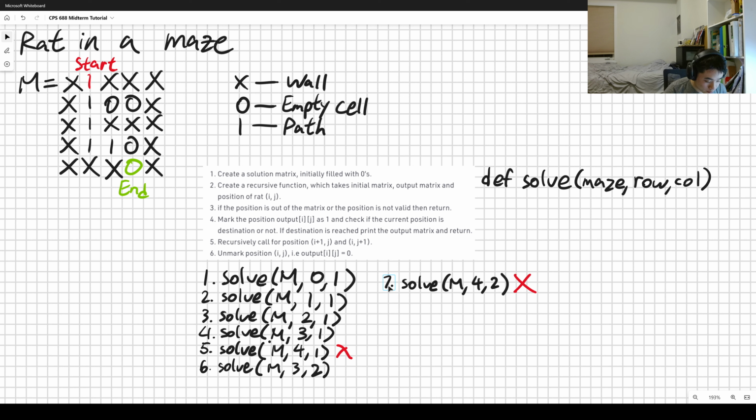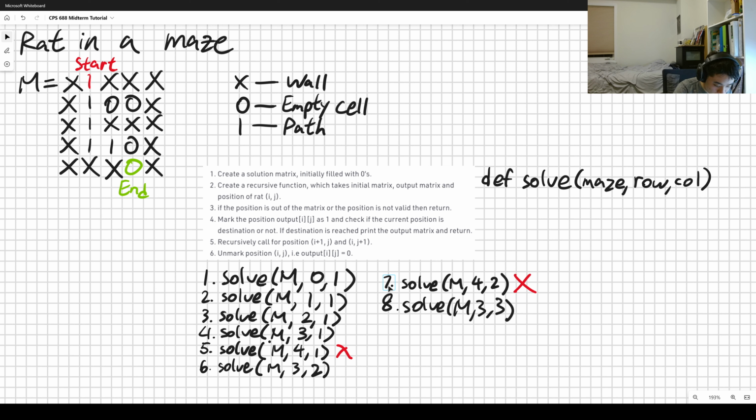So number 7, we've already figured out that this is a wall. So we're gonna backtrack and try the other way, which is the right. M33.